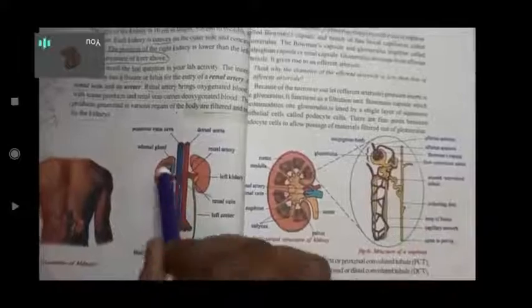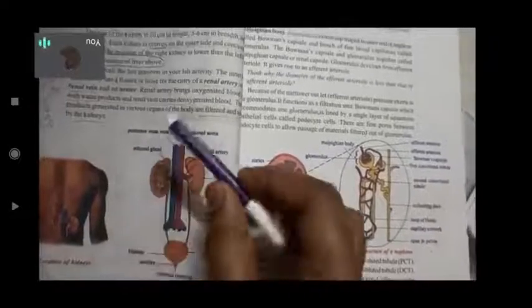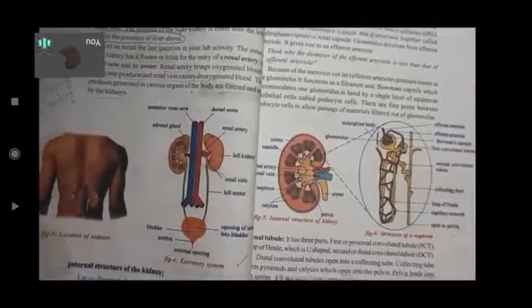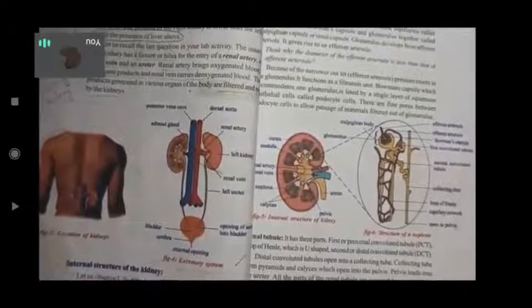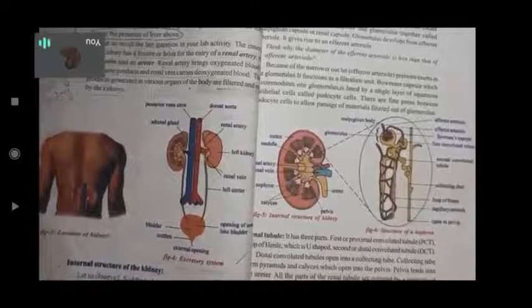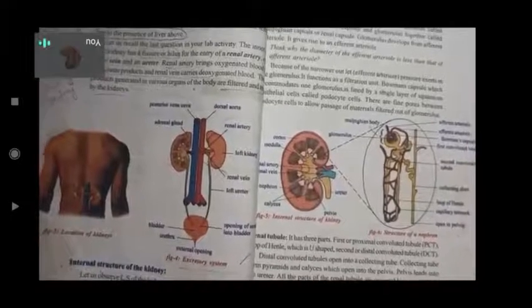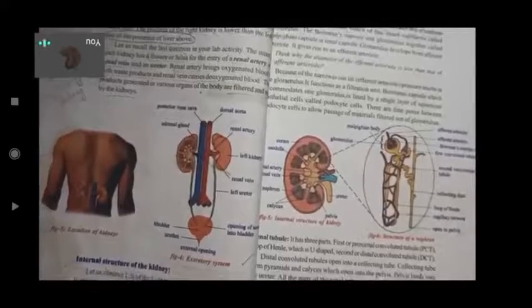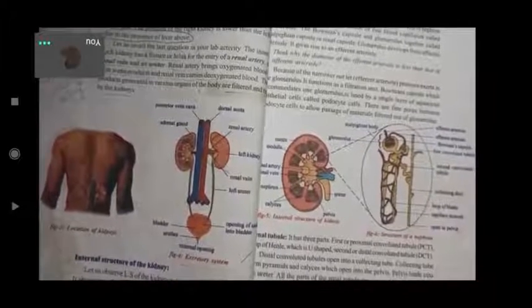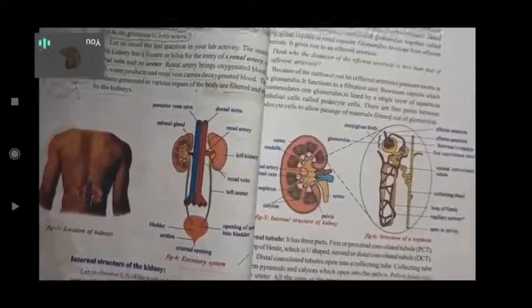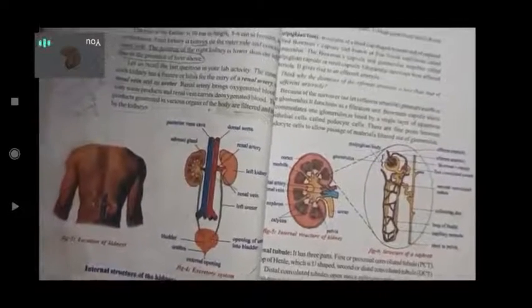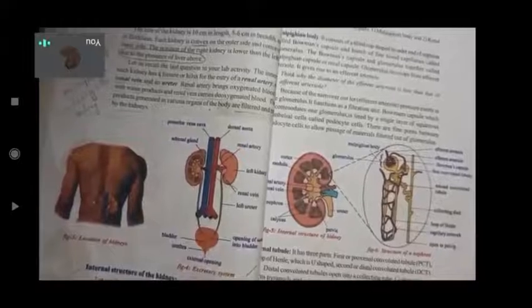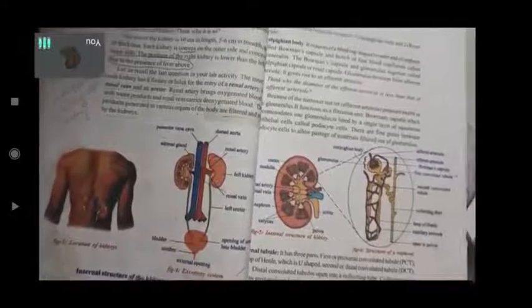The posterior vena cava is attached to and drains the kidneys, and it collects deoxygenated blood from the kidneys and passes it into the heart. So the posterior vena cava carries deoxygenated blood from the kidneys to the heart.